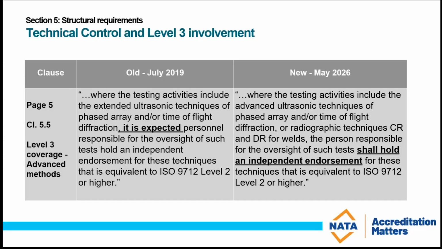So if you implement as discussed by Mark just then, there'll be some level 3s that immediately have to rush off and get level 2 certification in phased array and TOFD, for instance, because they won't have coverage any other way. So I'm not sure that was the intended outcome. They would already have accreditation using technical controllers at level 2.